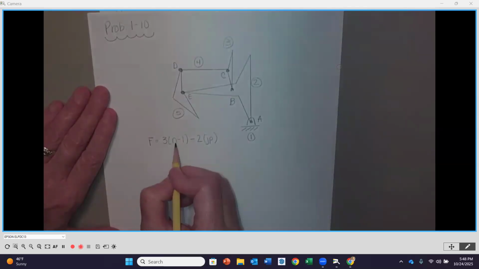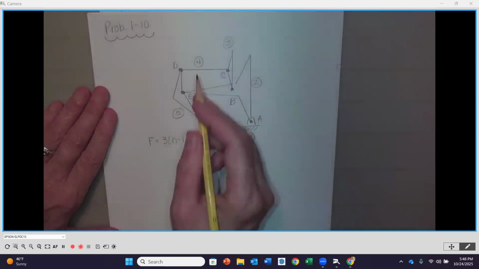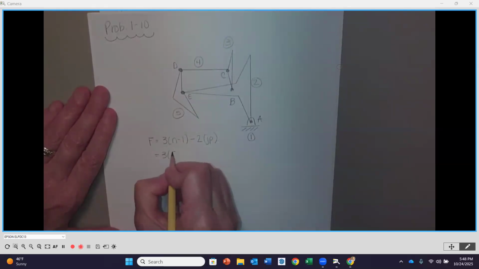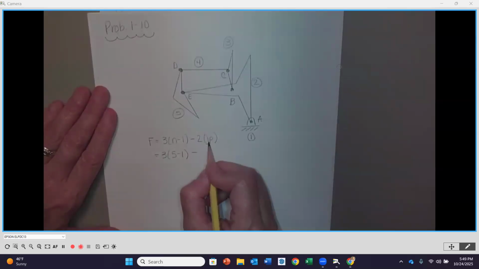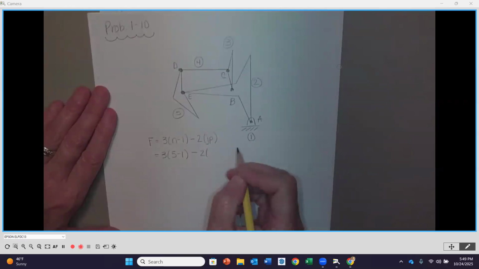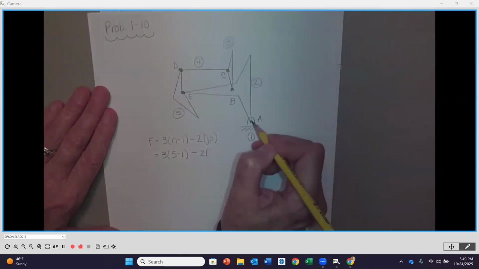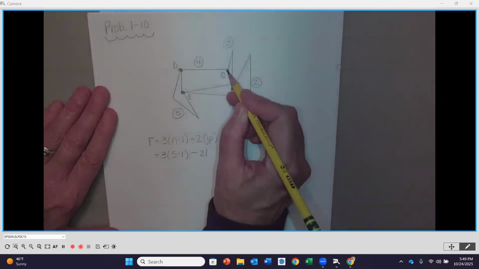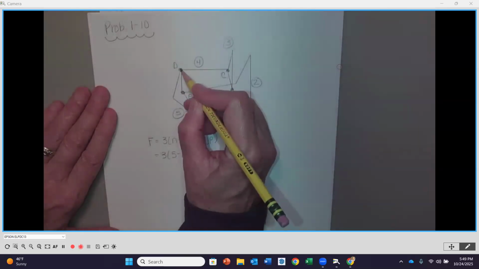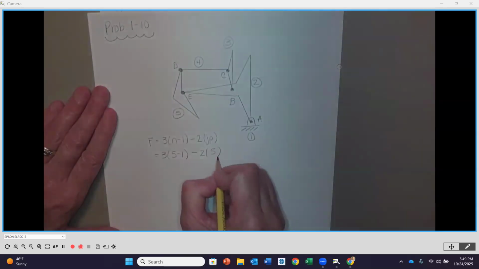So our number of links here, we have 1, 2, 3, 4, 5. So this is going to be 3 times 5 minus 1 minus 2 times the primary joints. So I've got A, 1, B, 2, C, 3, D, 4, and E would be 5.